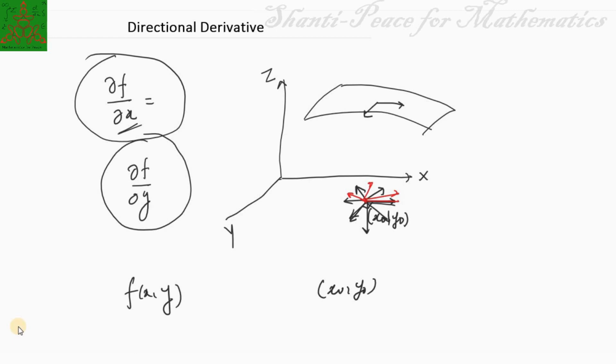I am starting at x0, y0, taking one of the directions and calling it u bar, where u bar is u1 i plus u2 j. Its coordinates are u1 and u2, and this vector has its initial point at x0, y0, which we are fixing.